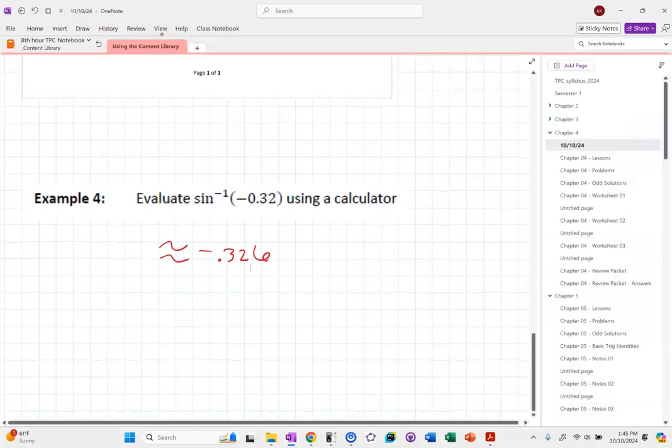Let's look at a slightly more complicated version of this same kind of problem.